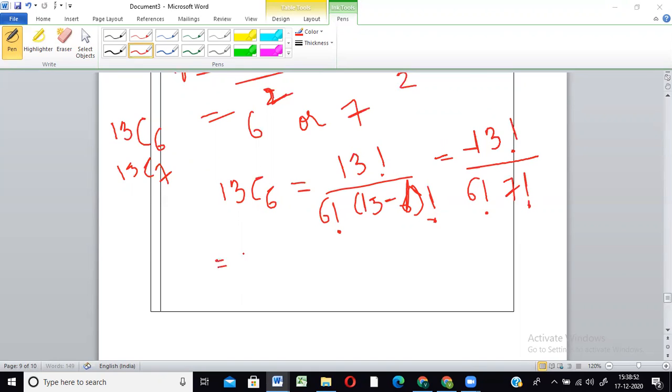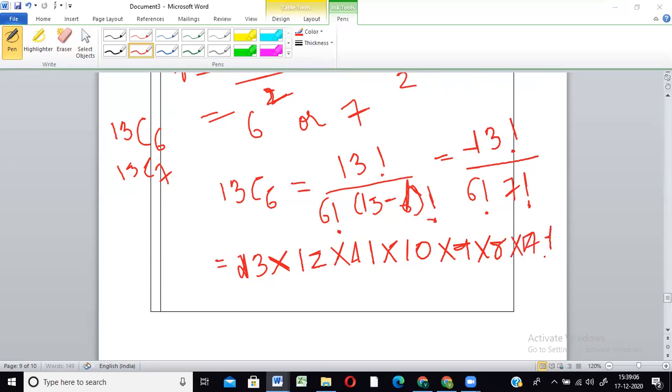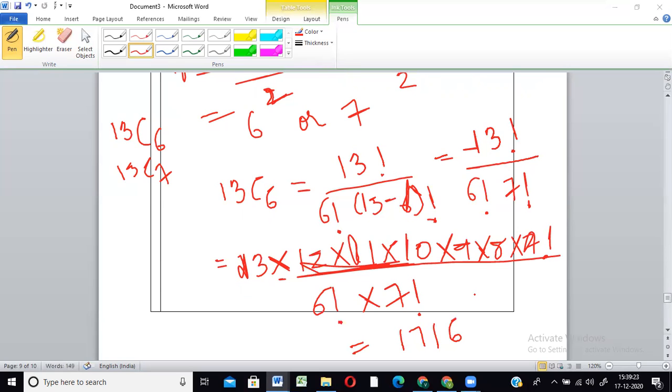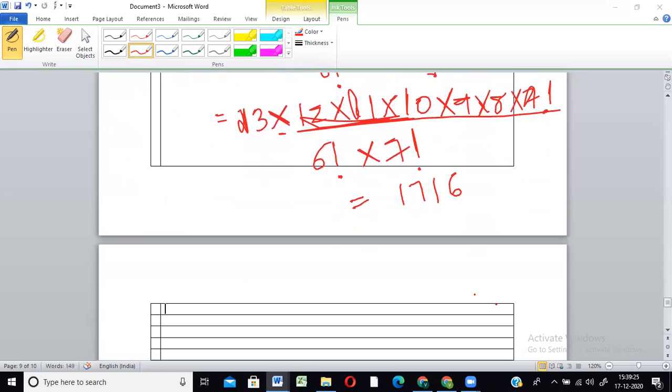We'll write this as 13 into 12 into 11 into 10 into 9 into 8 into 7 factorial, and then 6 factorial into 7 factorial. So after calculating the cancellations, we get the answer as 1716. Alright, 13C6 answer we get is 1716.